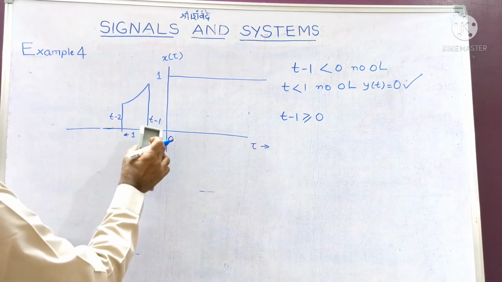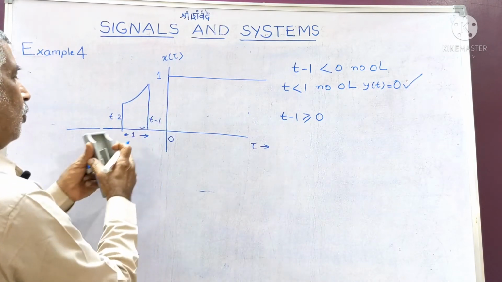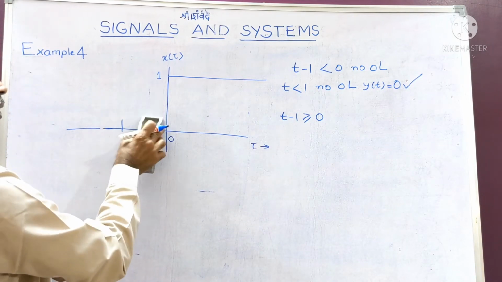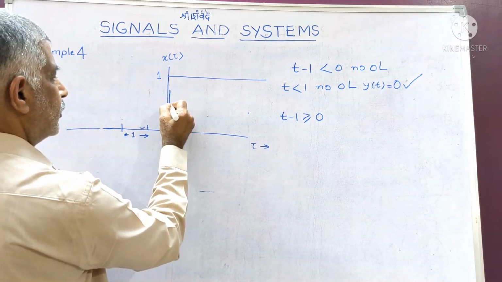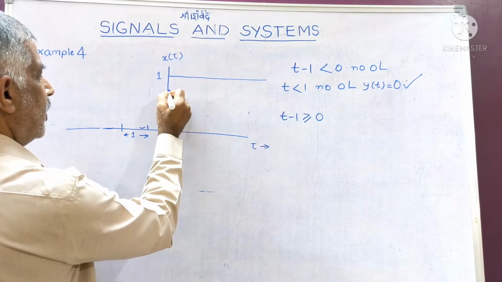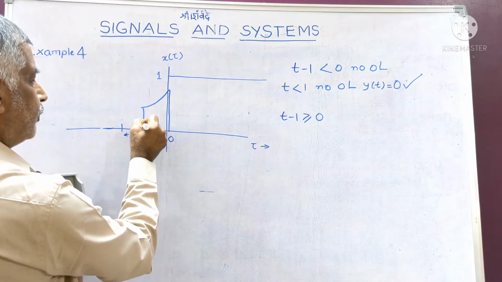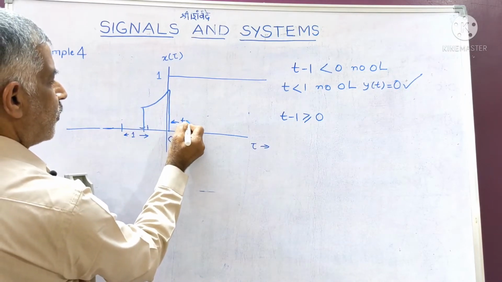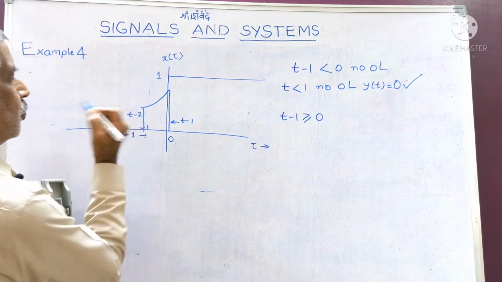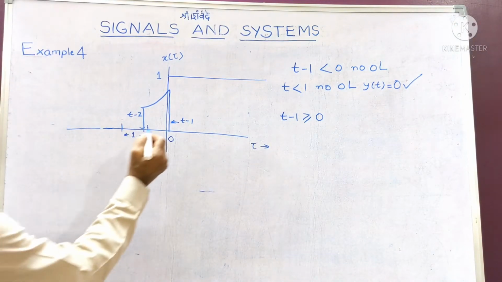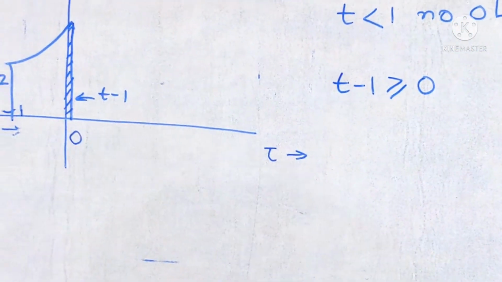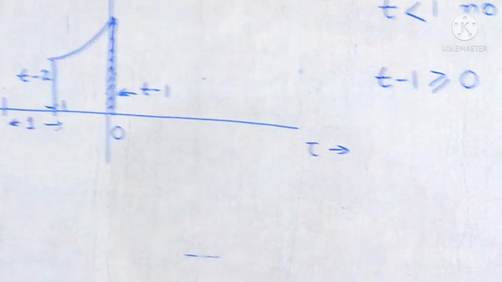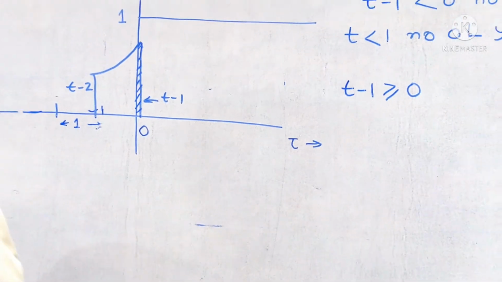First I will sketch the waveform here. This is t minus 1, this is t minus 2. Now this is overlap. Now the t minus 1 edge proceeds. How long should we take?